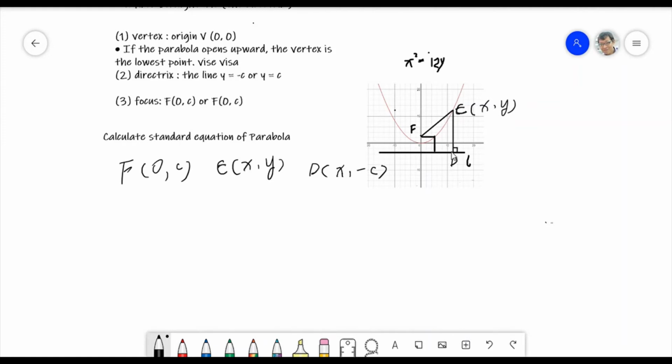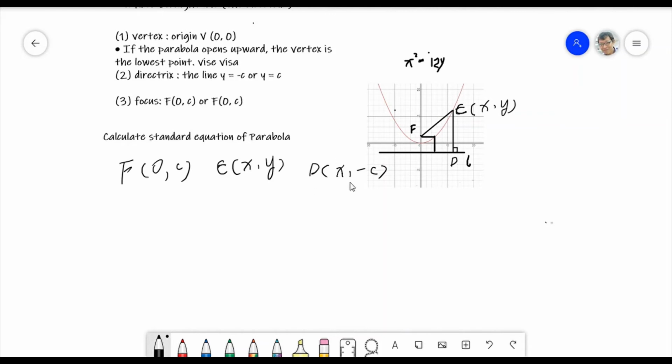Okay, so let's base on this definition and find out the standard function of a parabola. We can write here that the focus F is (0, c), and E is (x, y), which we don't know, it can be anything on the parabola.